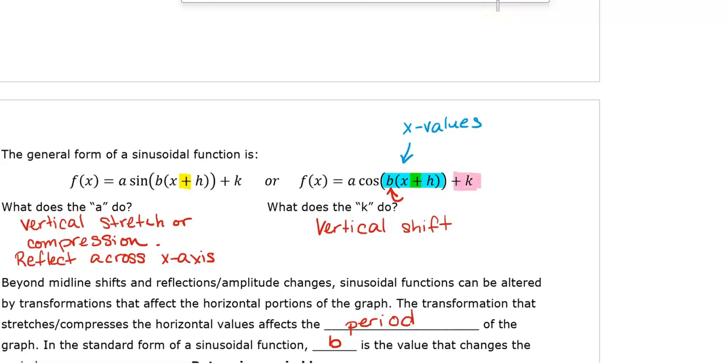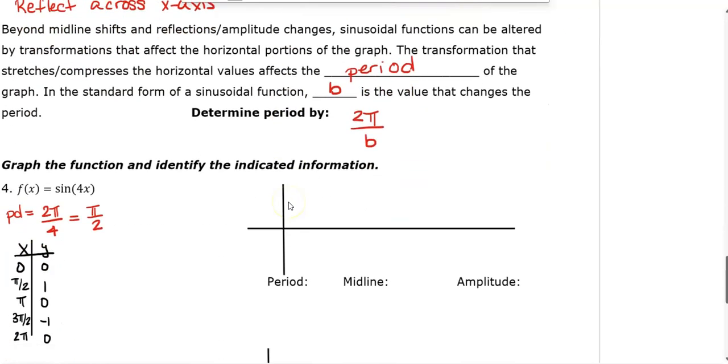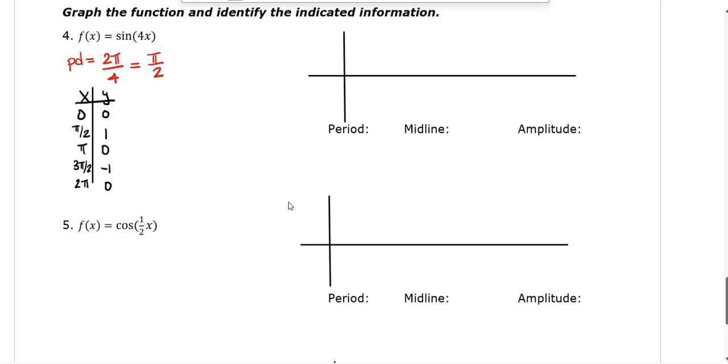Anything on the outside of my function, so that a and that k, are going to change my y values. That's really important to remember if you're going to do this little table idea. And truly, I think the table idea is the best thing to help you guys. It's been something that truly has helped a lot of my students in the past.